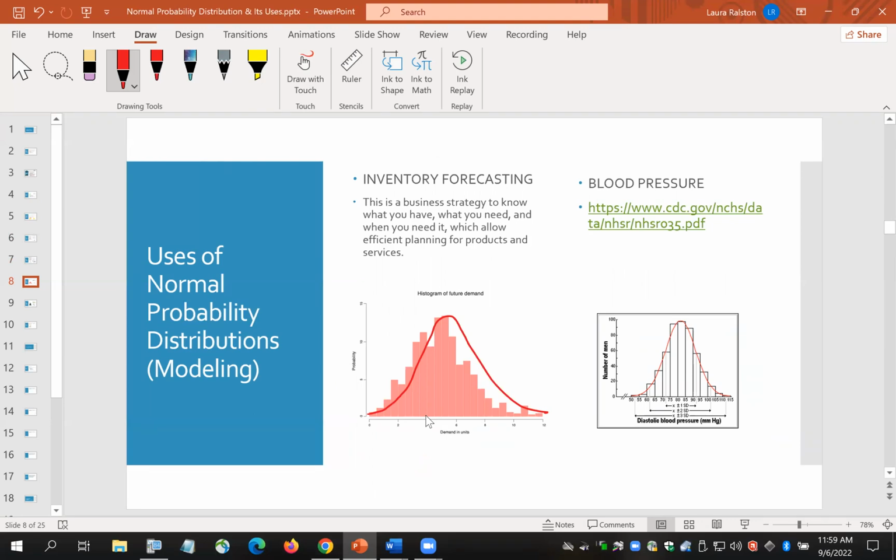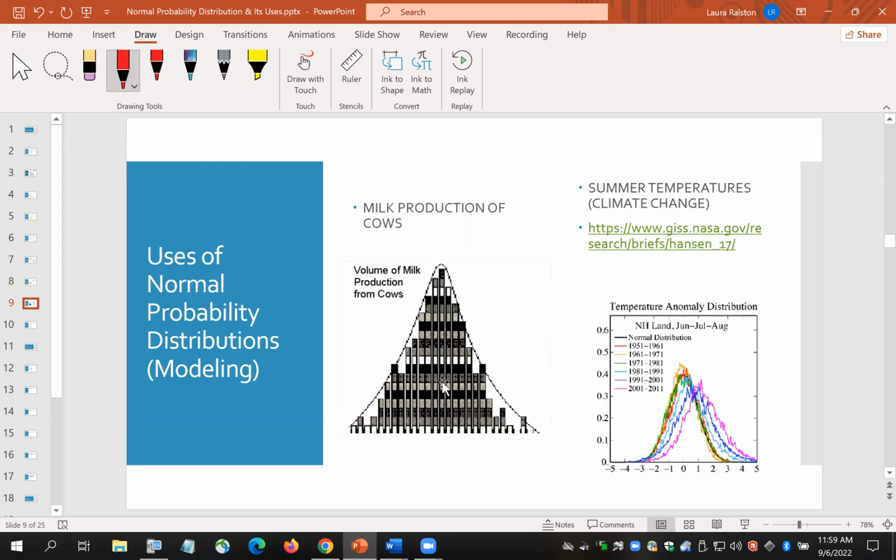Blood pressure is an example where we can also model using a normal probability distribution. Milk production of cows, how much milk a cow produces each day. We can even monitor climate change because temperatures tend to follow a normal distribution. So again, there are a variety of uses across a variety of fields where we use the normal probability distribution.